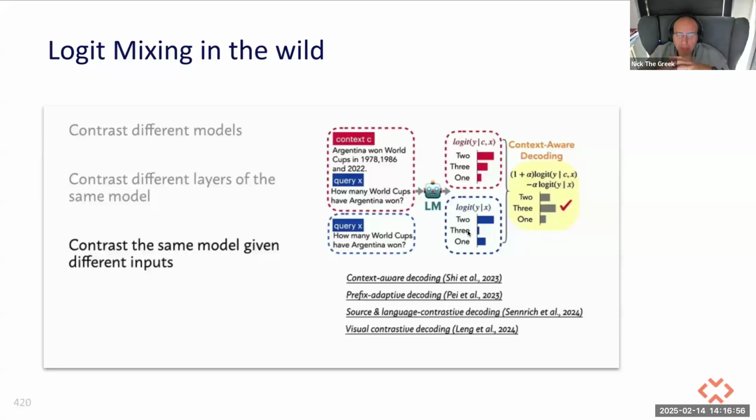One of the problems with language models is that you want to make sure that the language model is answering based on the context and not based on what it knows. And basically, if you see over here, when you give a question with a context and without the context, the 2 and the 1 remain pretty much unchanged.